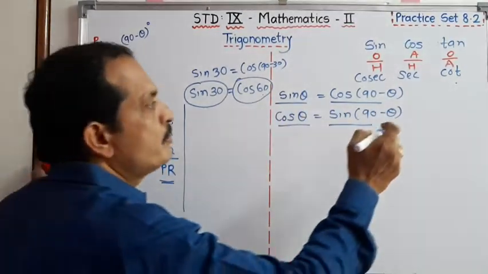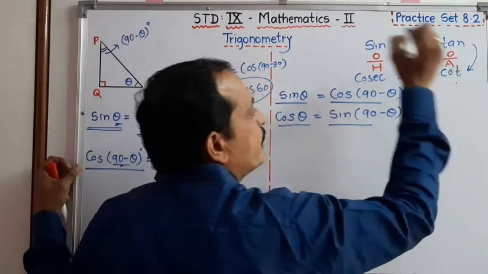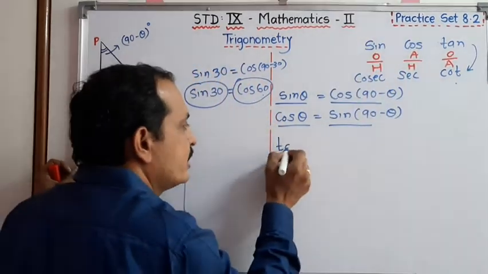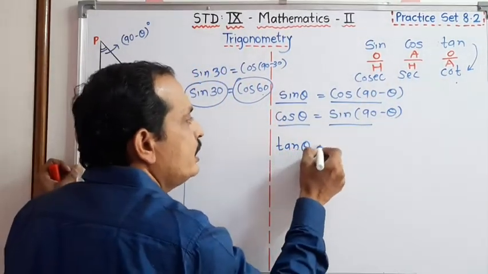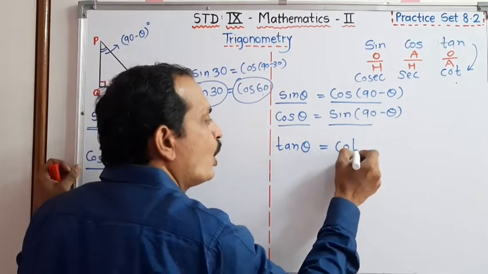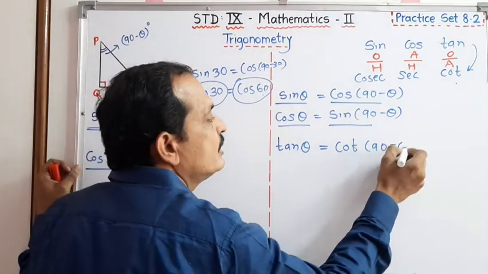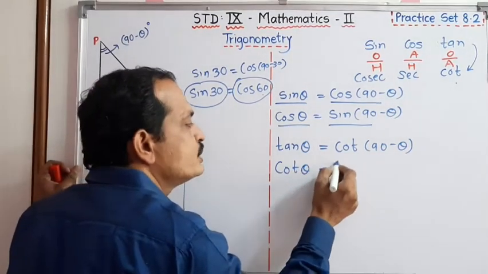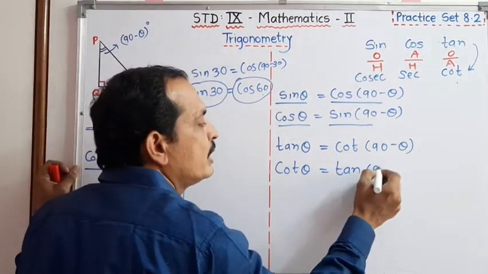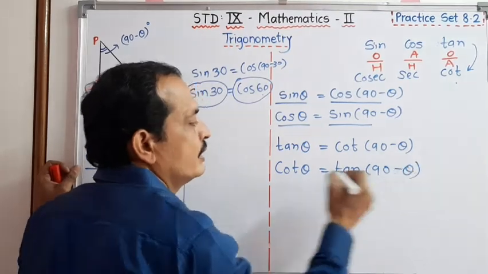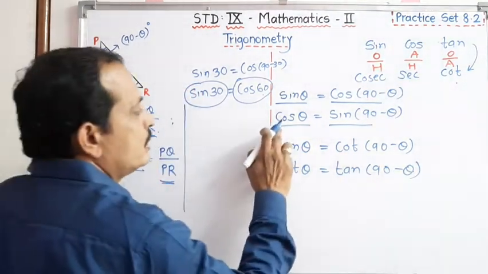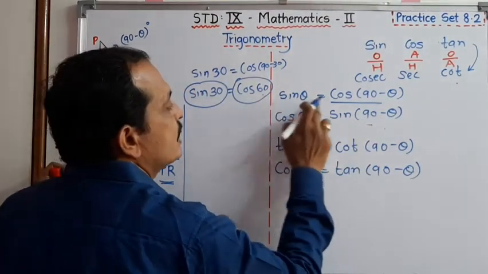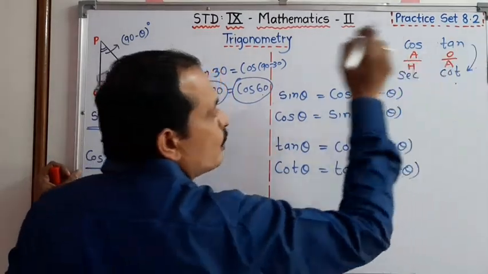Same relation between tan and cot: tan theta is equal to cot 90 minus theta, and cot theta is equal to tan 90 minus theta.